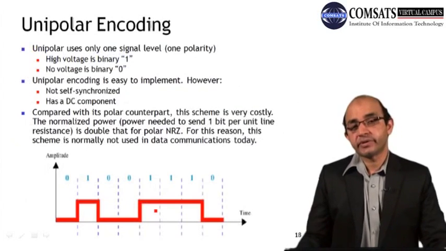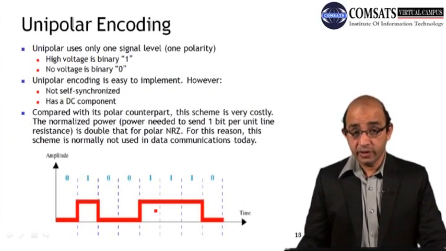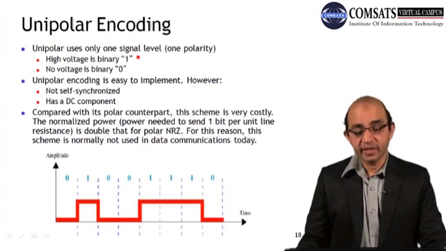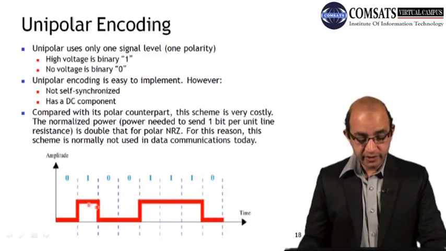So let's start the encoding techniques. First of all, we are going to start with unipolar. Over here you can see it uses only one signal level, one polarity. You can see this is the crossing 0 level, and we are going to use only one signal level.